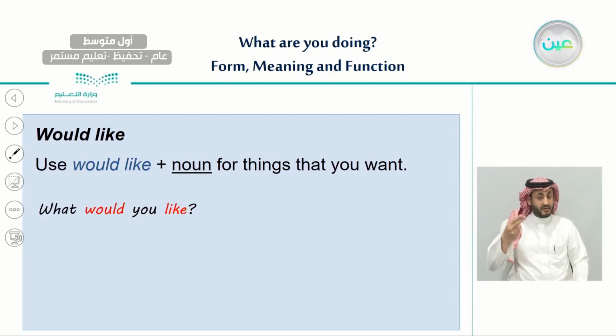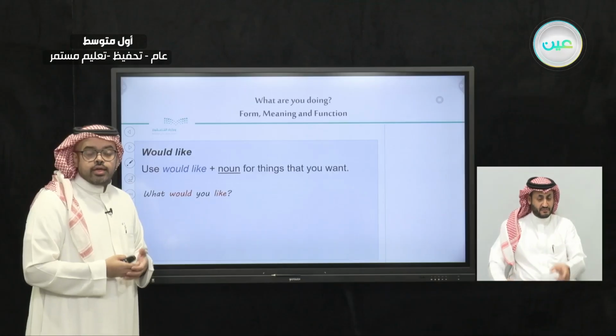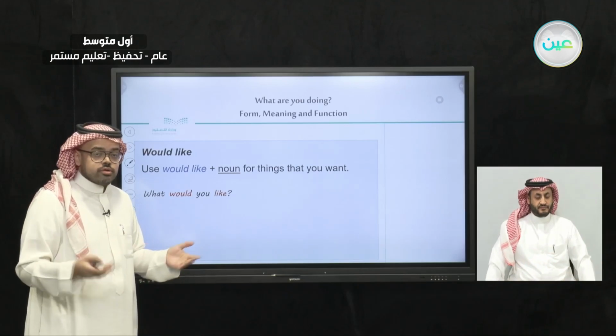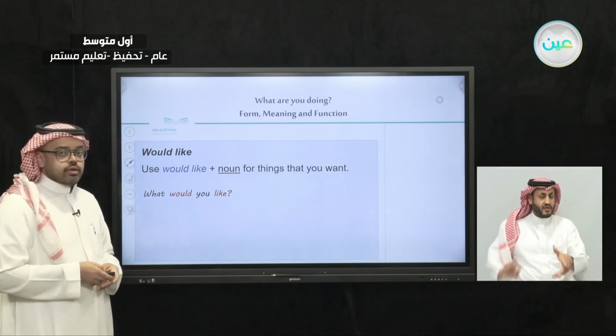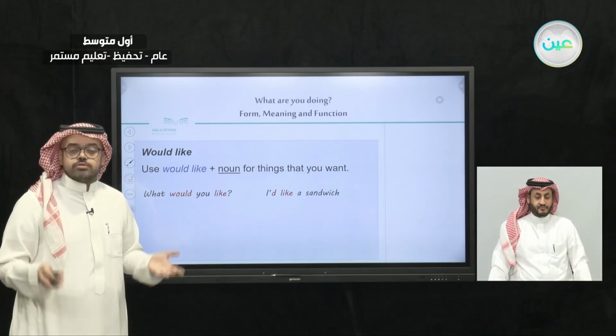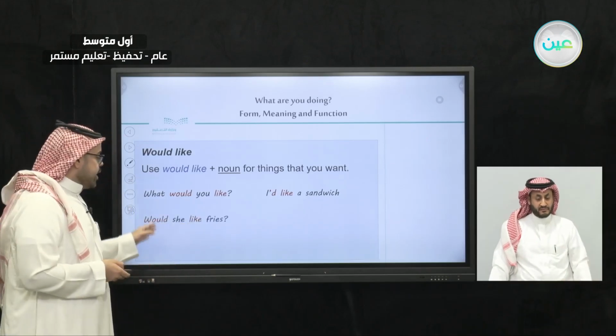If you're offering someone any kind of help, or food as a waiter in a restaurant, you would say, what would you like? And the answer will be, I'd like a sandwich.